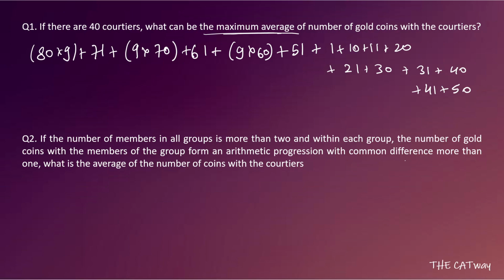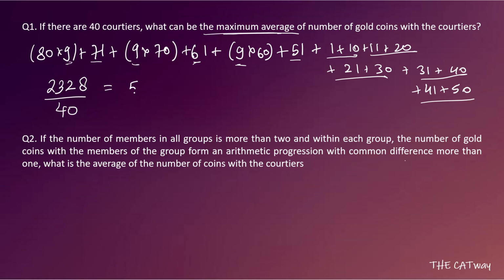This is how our total observations will read. So 9, 10, 19, 20, 29, 30, and after 30 this will be 32, 34, 36, 38 and 40. When you do the total, you will get 2328. The average would be divided by 40, so the average will come out to be 58.2.